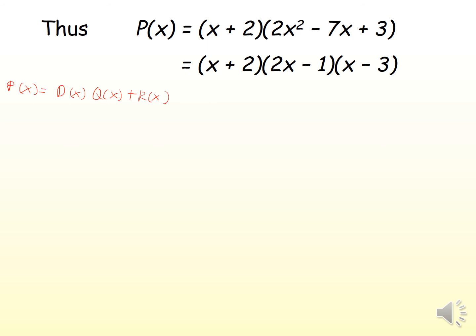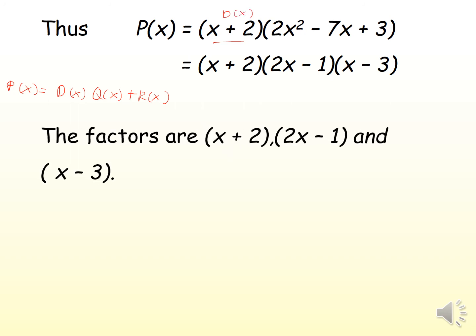D(x) is x plus 2. Q(x) is 2x^2 minus 7x plus 3. And R(x) now equals 0.